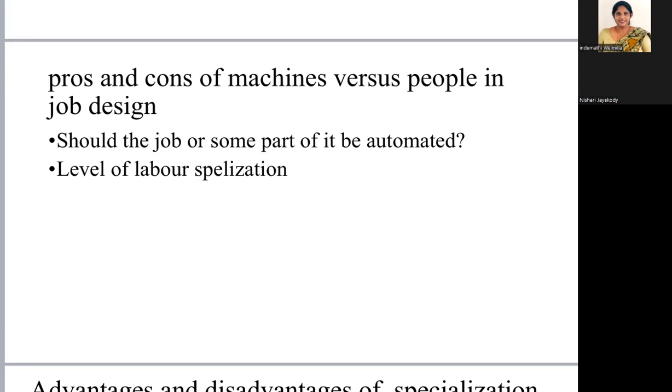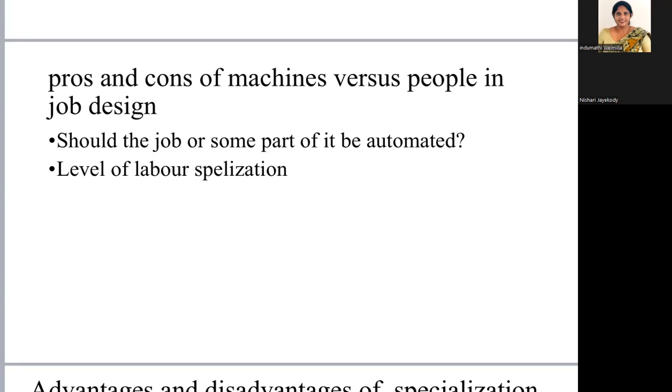But machines are also very, very important. So when a company considers the technical, economic, and behavioral feasibility of job design, there is one central question: should the job or some part of it be automated?